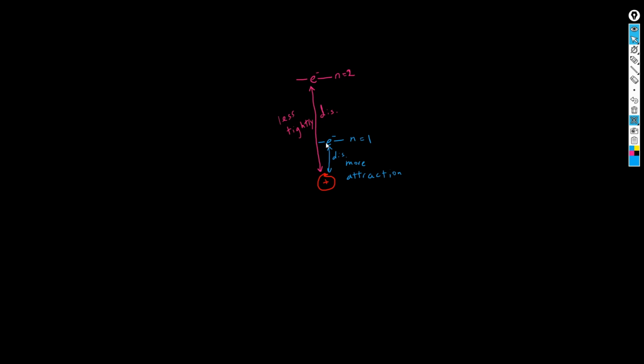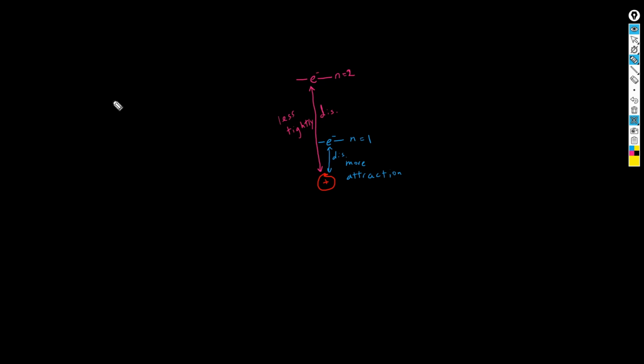Now, when we say that the electrons in the outer energy levels, like energy level 2, have more energy, that is different than when we talk about how tightly held it is and how much energy it takes to remove it. We say an electron that is in energy level 2 has more energy for the same reason that we talk about gravity.